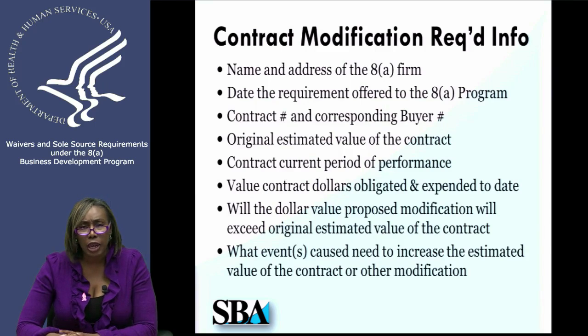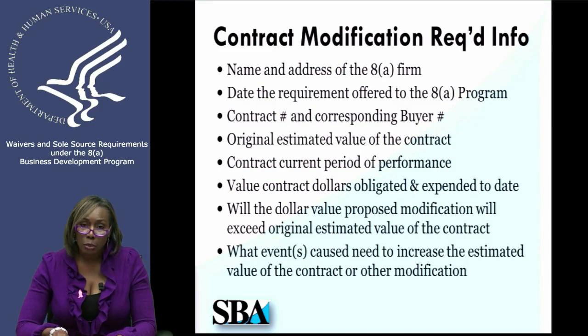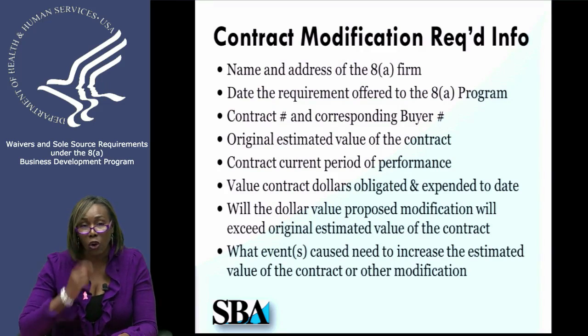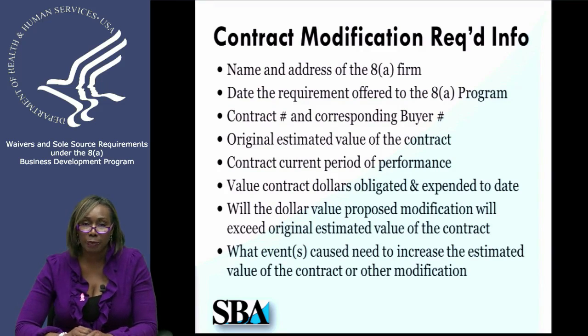Remember earlier in my presentation, I said that you should be submitting the contract, all modifications, and any documentation that we need as far as award of that contract should be at the district office. I know we don't always do that. And those times that we don't, SBA has some issues. We will come to the procuring agency and ask for those documentations, and you've always come through for us.